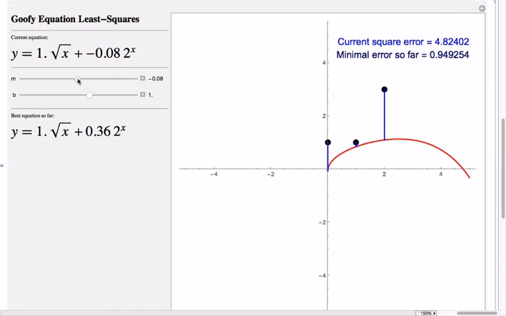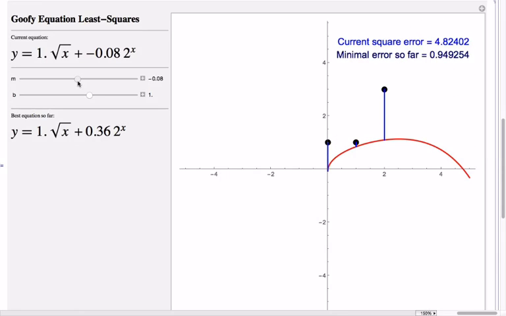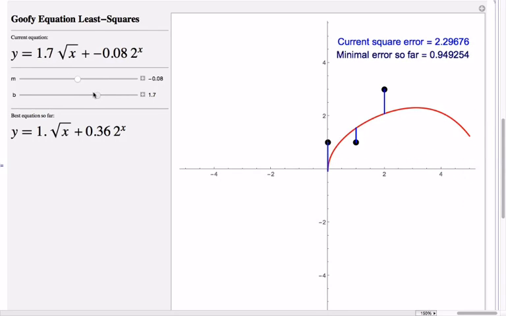If I don't have a whole lot of 2 to the x in my equation, then pretty much my curve looks like a square root function. But the more 2 to the x I put into it, the more it begins to look like that exponential curve. I can also flip the coefficient around to be negative so that I have this competing square root of x behavior and now a negative going 2 to the x behavior. So I can tweak this 2 to the x amount around. I can also tweak how much square root of x I have as part of my function.